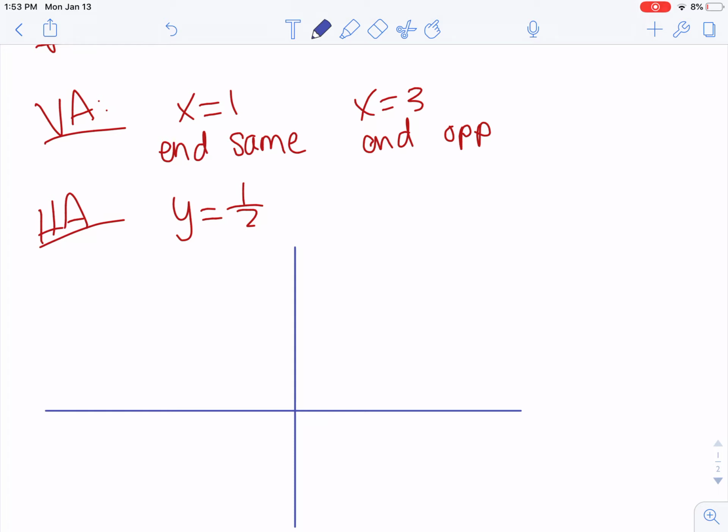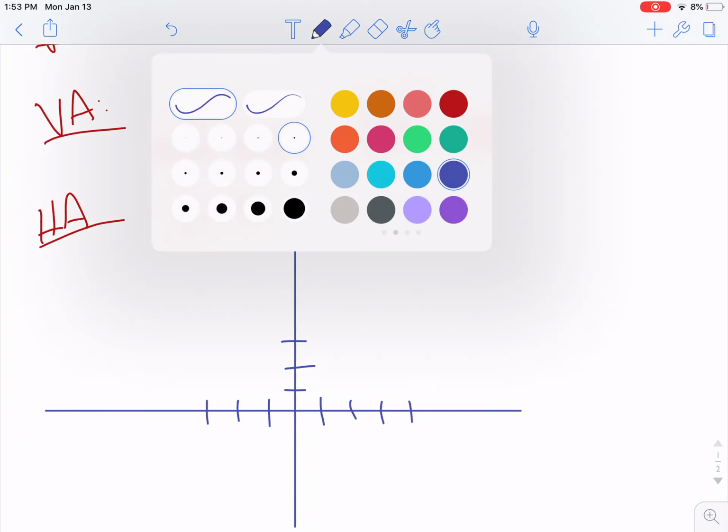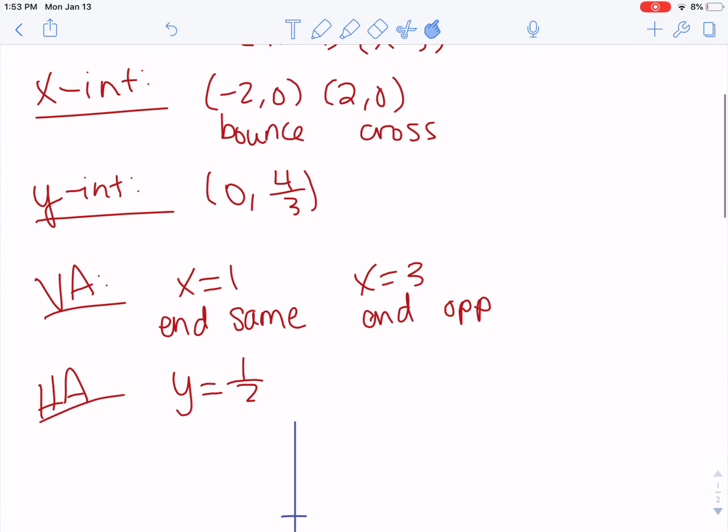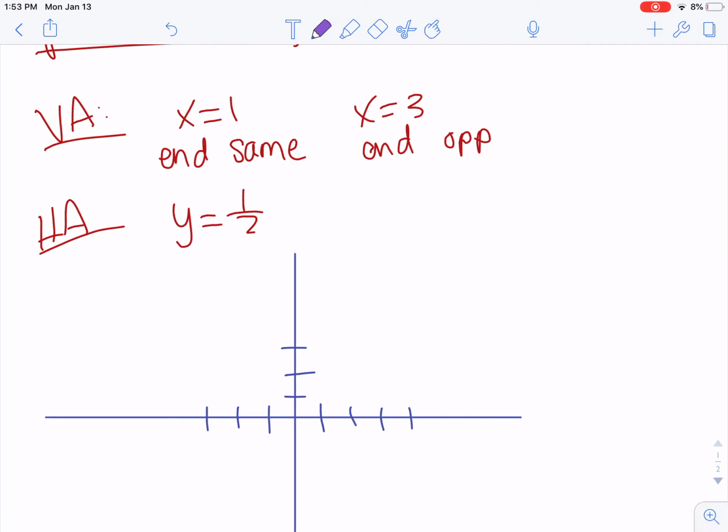So this was my x-axis, and then my y-axis, and I'm just going to put in some lines, plot them. So let's start by plotting my x-intercepts. I have an x-intercept at (-2, 0), and I have one at (2, 0).